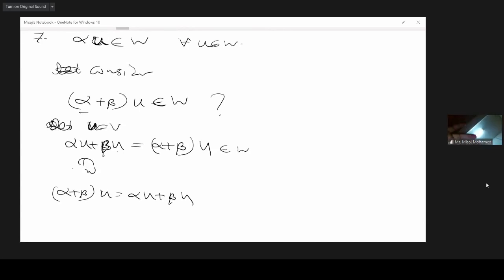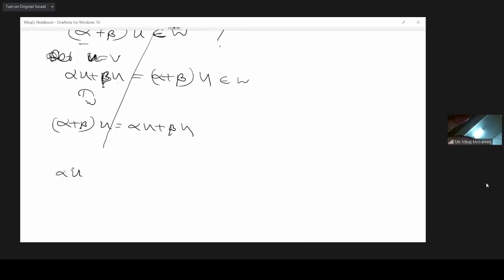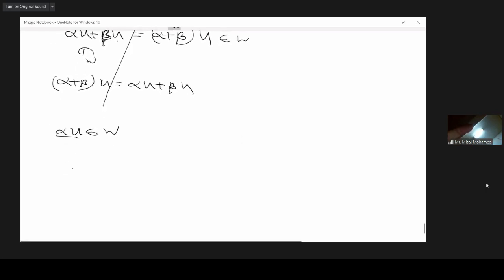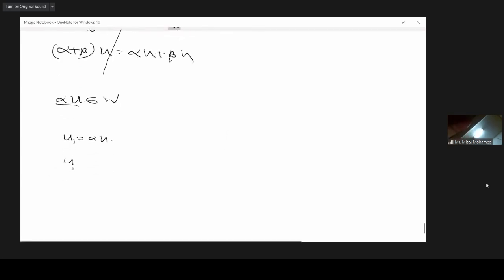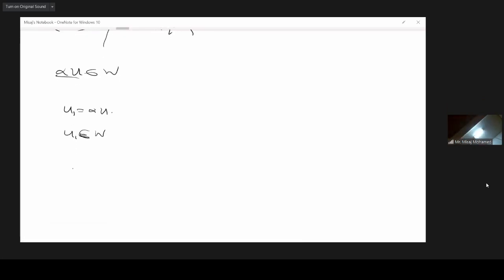So already alpha u is in W. Total alpha u is a vector. Let us take this as u1 is alpha u. Then u1 is an element of W.